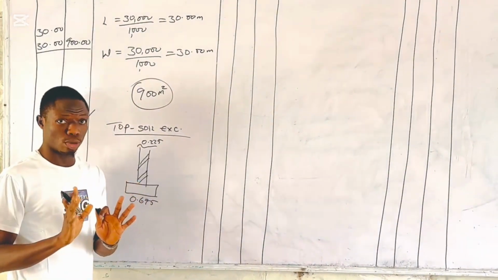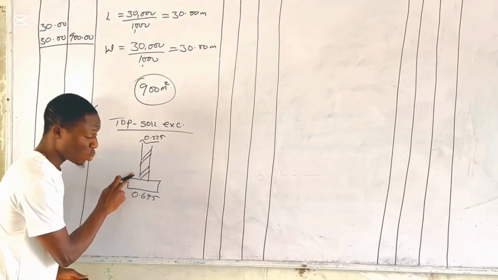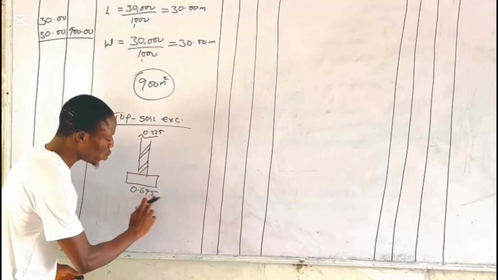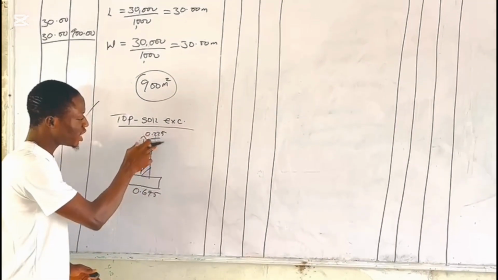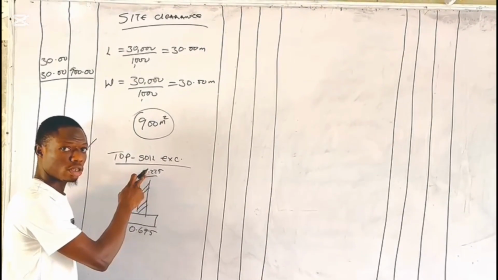The first thing to do in topsoil excavation is to calculate what we call spread. This is the space we are having here. This is the width of our foundation, reading 0.675, while the thickness of our block, as demonstrated here, is 0.225.